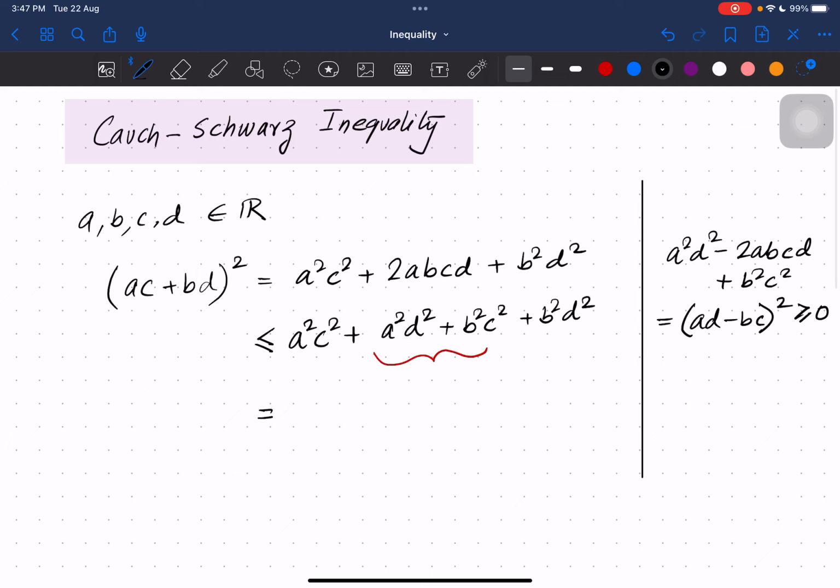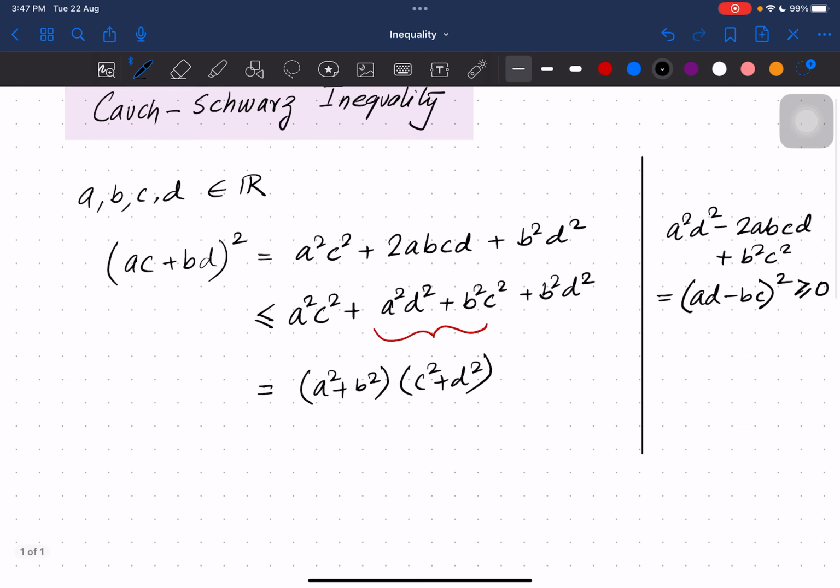So now here you can see that if I now take square root, then the modulus of this is less than or equal to root over A square plus B square times root over C square plus D square. So this is the most simple case of the Cauchy-Schwarz inequality.